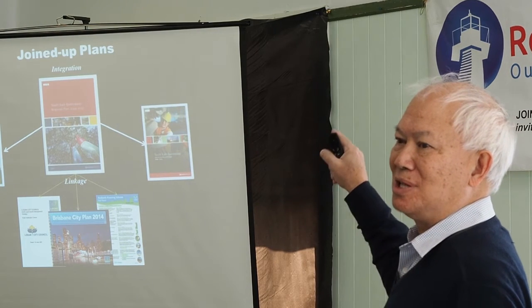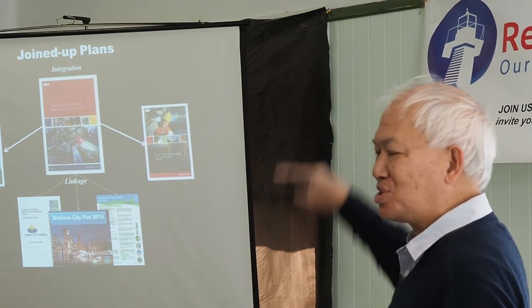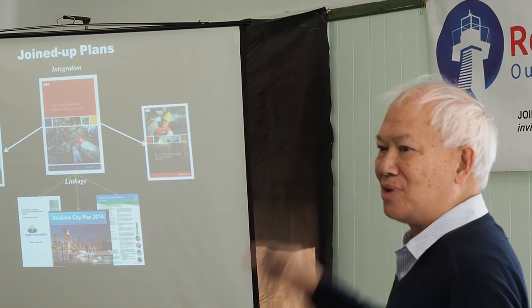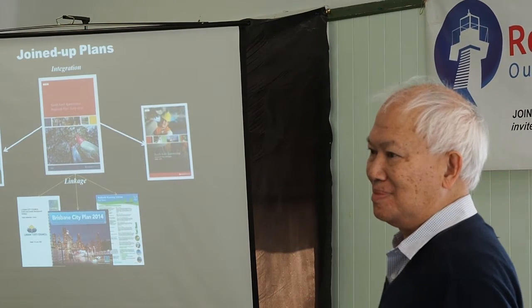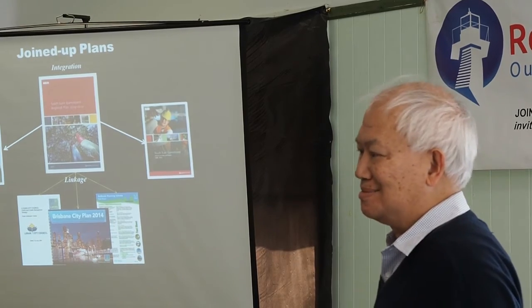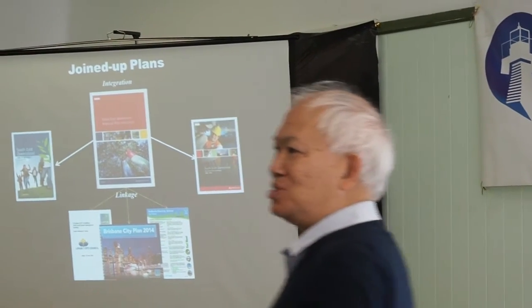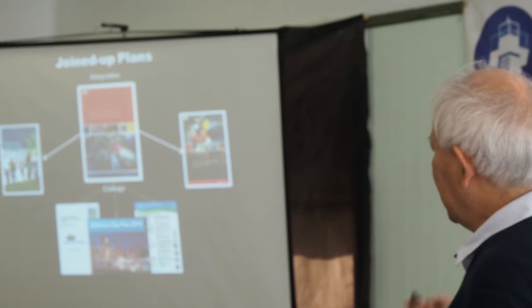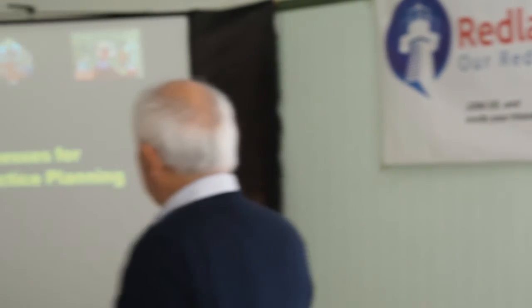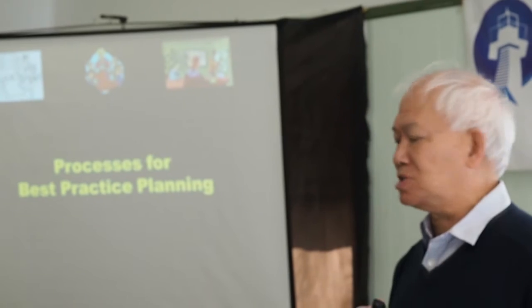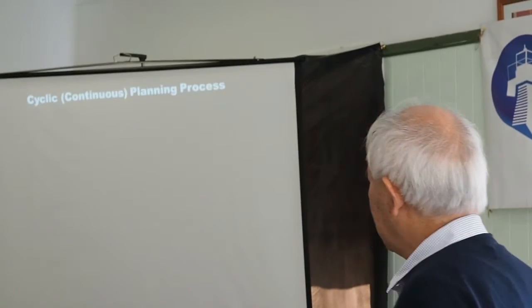The policies in that statutory regional plan should cascade down into local authority statutory plans. Do they? No. I'll leave the question open. But anyway, there's a piece of legislation sitting out there in the state government that says that's what's supposed to happen. So let me now move on to best practice planning processes.